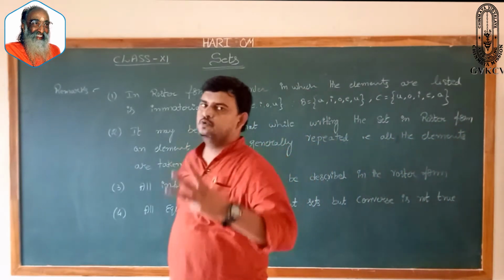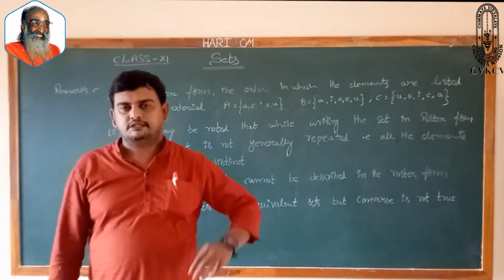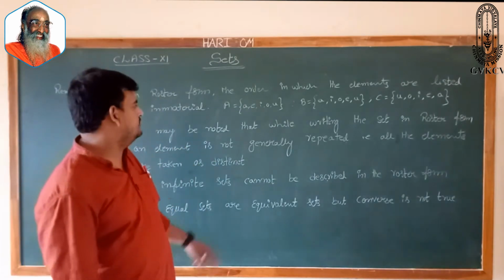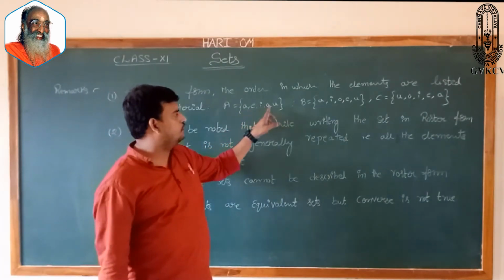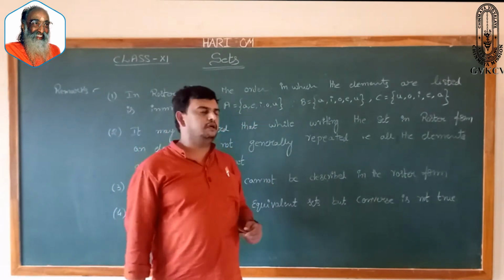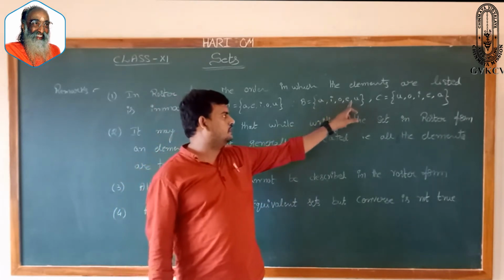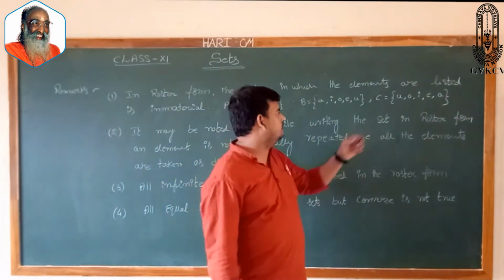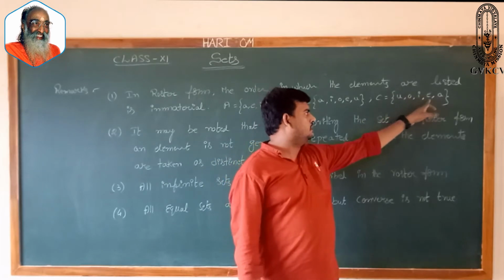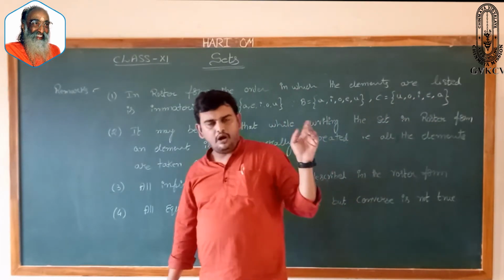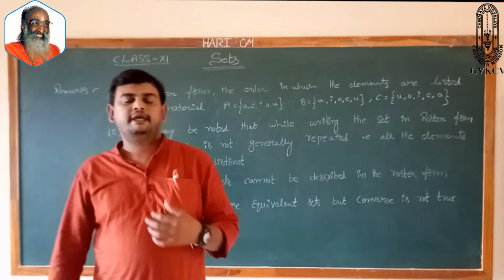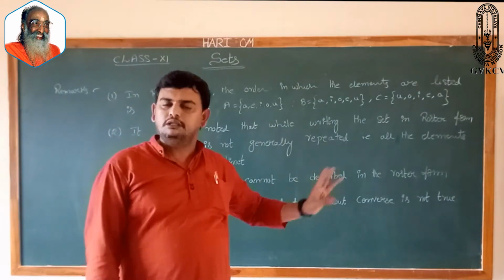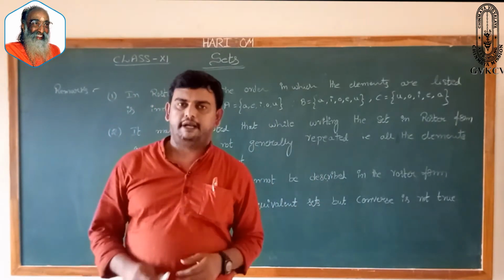Now, three students have given three different answers. The first answer is A, E, I, O, U. The second student gave A, I, O, E, U. The third student gave U, O, I, E, A. If you observe the three, I can say that all three answers are correct.